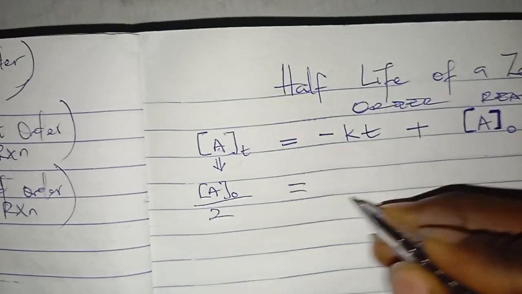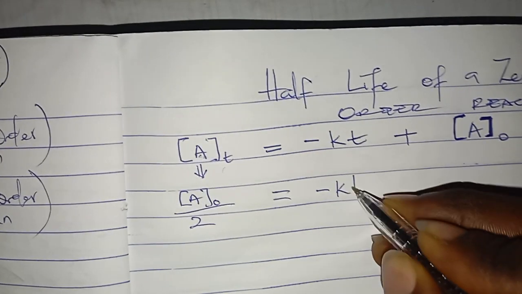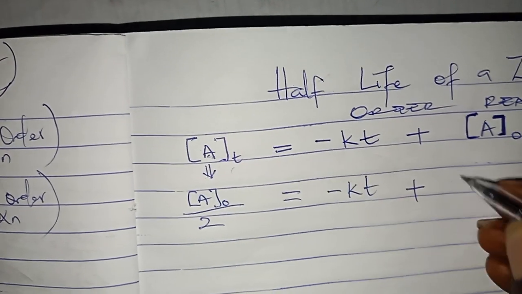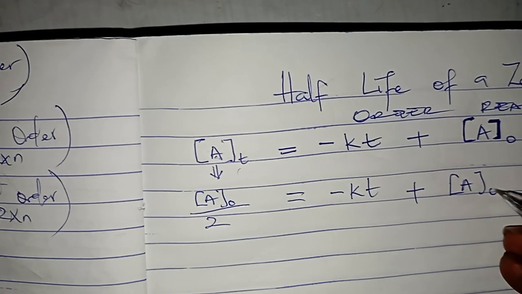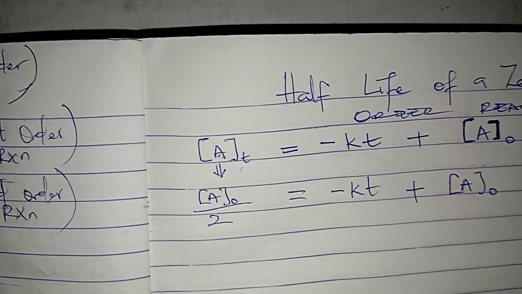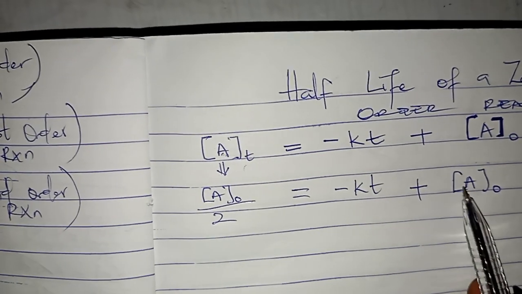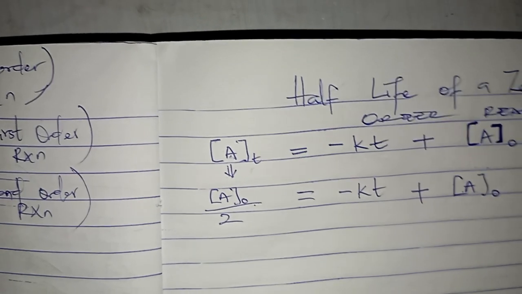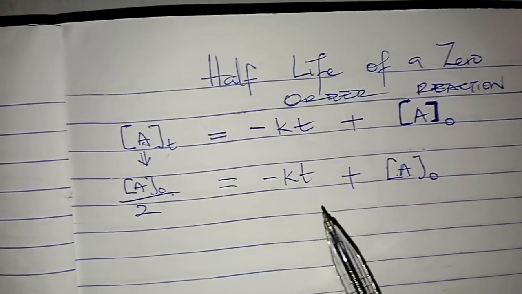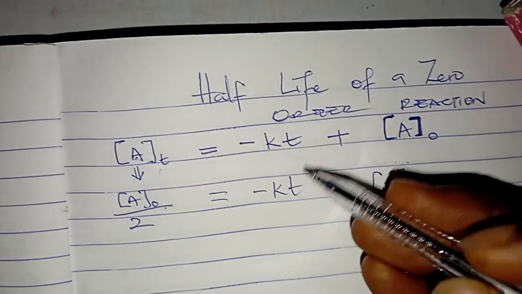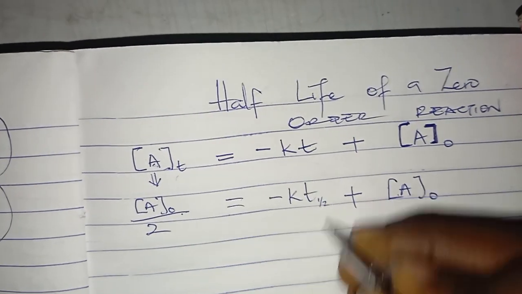So this is equal to minus KT plus initial concentration. Let's say I put this to this side, because remember that the goal for the half-life of a zero-order reaction is how do we find this thing.